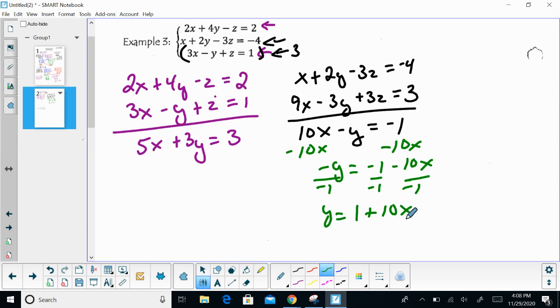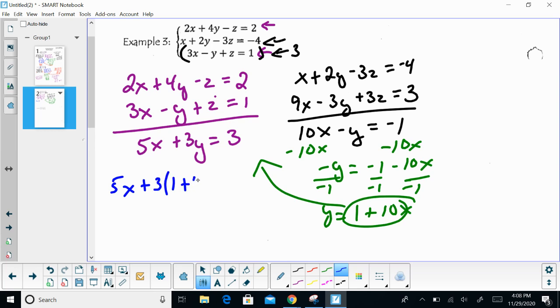Now I need to substitute this into my equation up here, which would be 5x plus 3 times (1 plus 10x) equals 3.